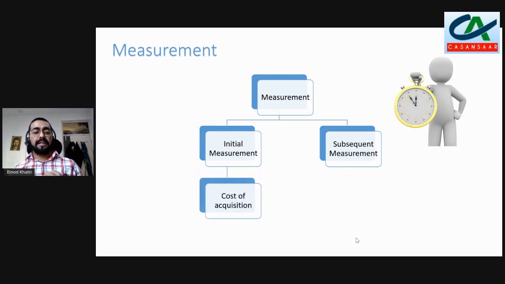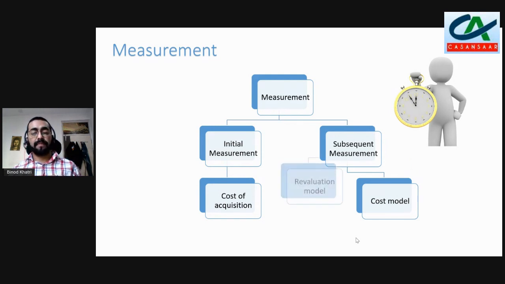Under initial measurement, the cost of acquisition is the amount that we recognize in the financial statements. We'll be discussing this in detail. And for subsequent measurement, we have two models to recognize PPE in the financial statements in subsequent years: the cost model and the revaluation model. So let's discuss these models in detail.